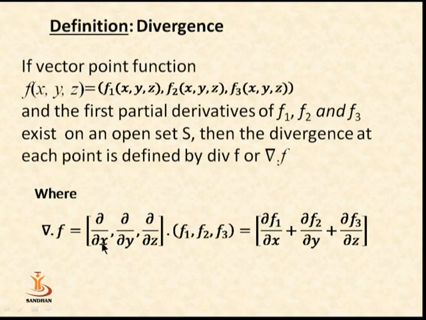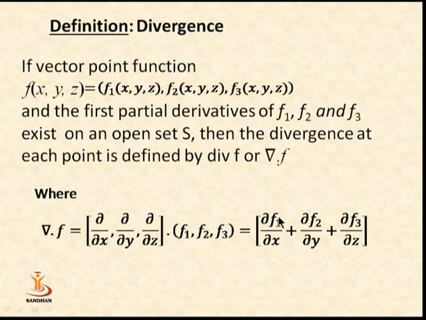But here we apply the rules of the dot product with differentiation: first the differentiation with respect to x of the first component f1, plus the differentiation with respect to y of the second component f2, plus the differentiation of the third component f3 with respect to z.